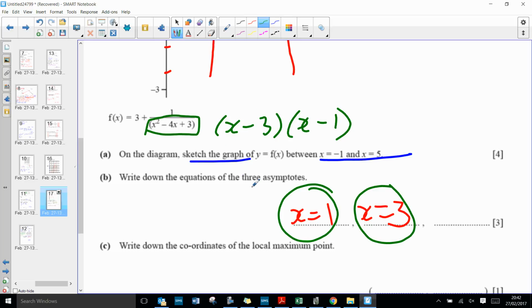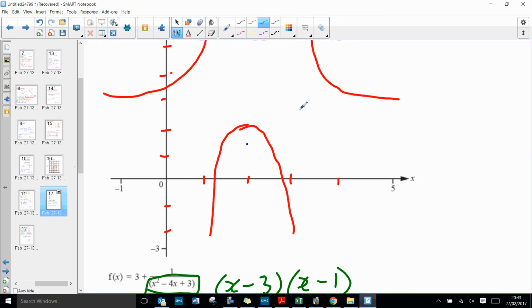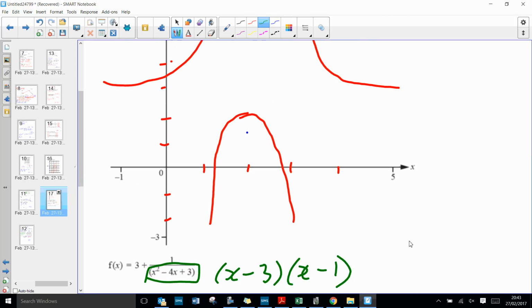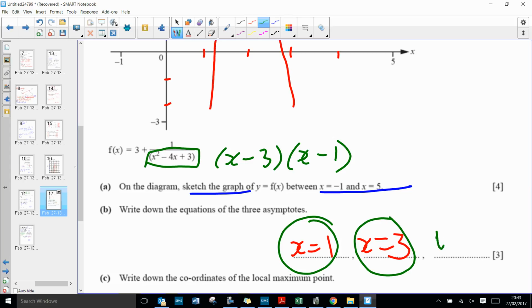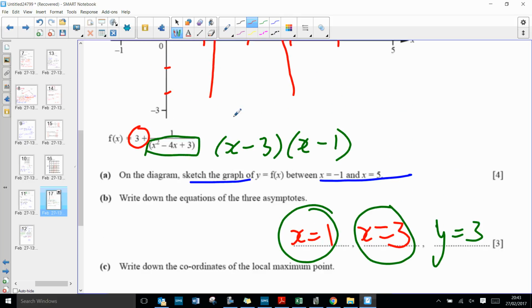And the horizontal asymptote, well, hopefully you can see it's across here, and that's y equals 3. And we can also tell that from this value here, because the graph shifted up 3 units, and the horizontal asymptote is normally along here.